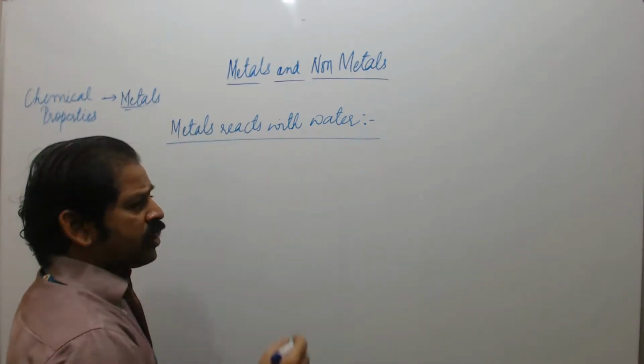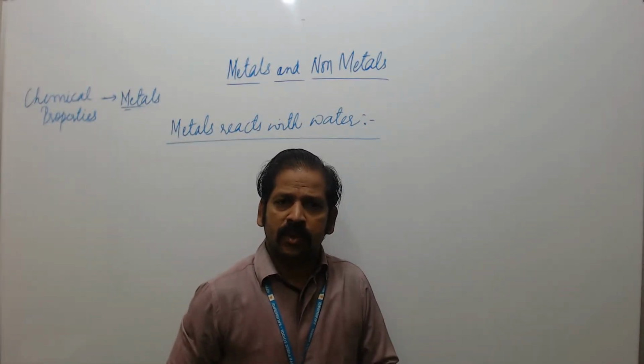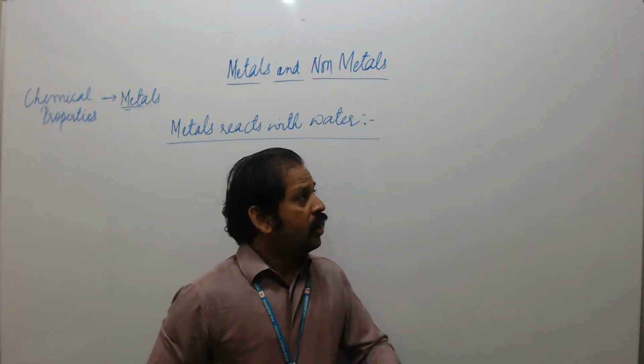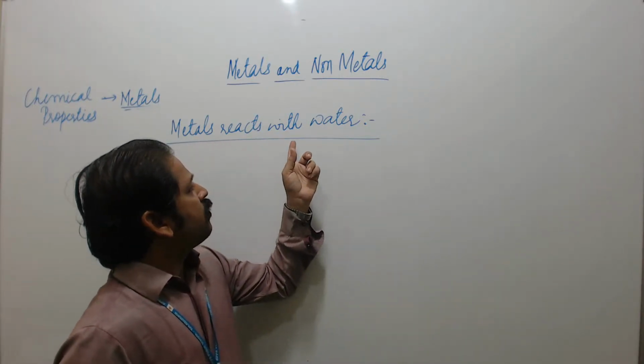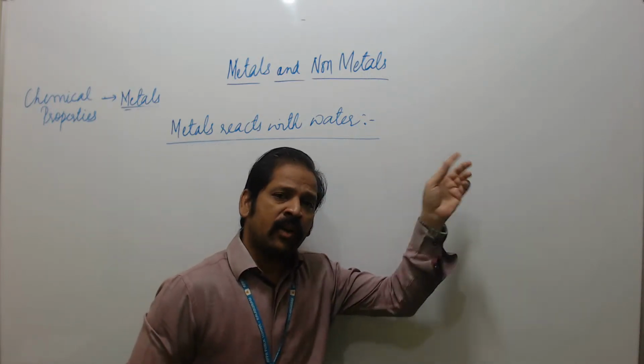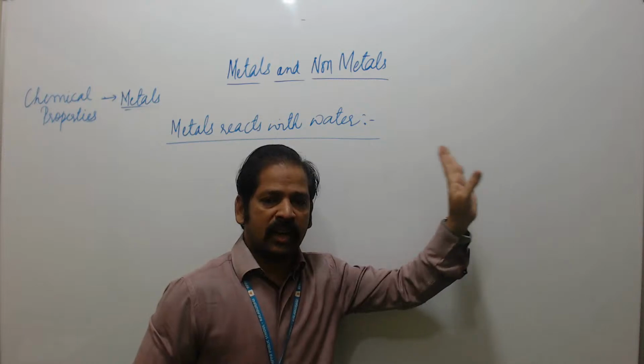When metal reacts with water, it forms metallic oxide or hydroxide. I repeat, metal reacts with water to form metallic oxide or metallic hydroxide, and hydrogen gas is liberated.